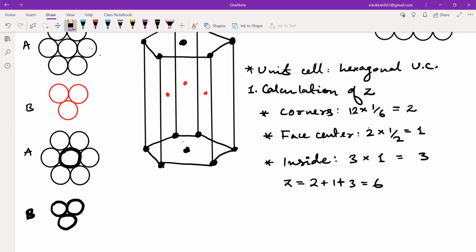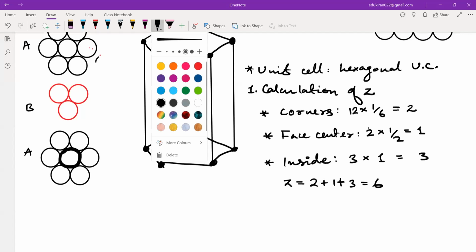So we have 6 in the same layer, 3 atoms touching in the above layer and 3 atoms touching in the down layer. So the second thing, the coordination number, is also 12.